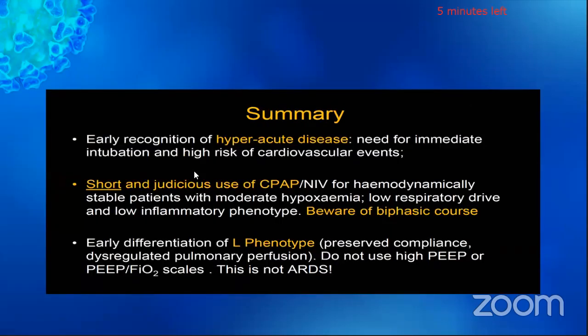So in summary, early recognition of hyperacute disease is important because it will lead to immediate intubation, and then short and judicious use of CPAP and IV for a hemodynamically stable patient, as he recommends. And of course, we should be aware of work of breathing and the biphasic course, and early differentiation of the two types, L type and H type, because this will change the plan of management.